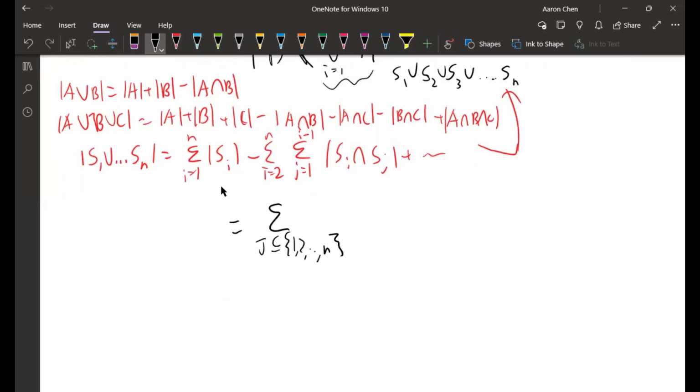And this sum has negative one to the power of the size of J, which determines whether it's a minus or a plus, and this determines the size, which is pretty self-explanatory as just this part.